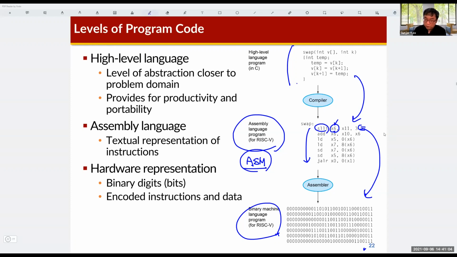Actually in the hardware, all signals and all data are stored and processed in the form of digital signals like this. But humans cannot understand these electric signals or digital signals. So the instructions can be represented as assembly instructions or assembly code like this.